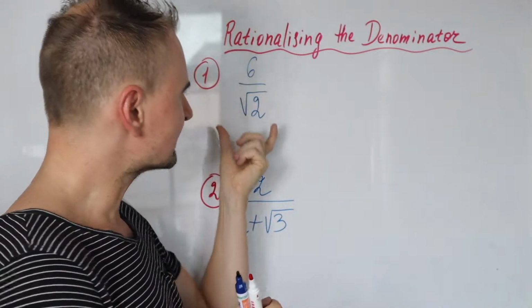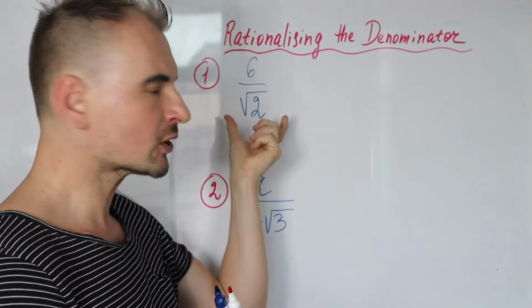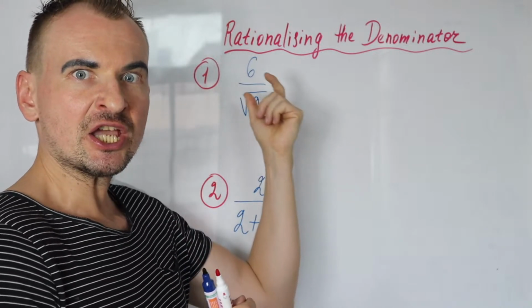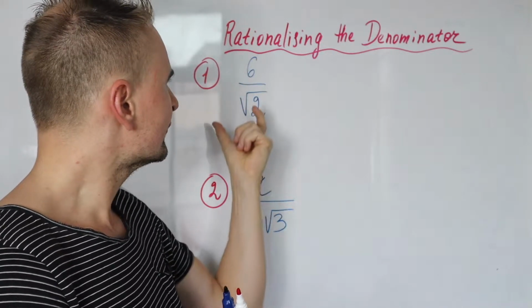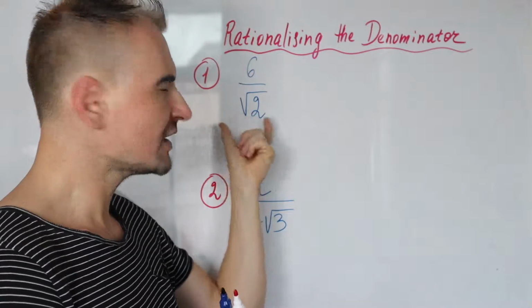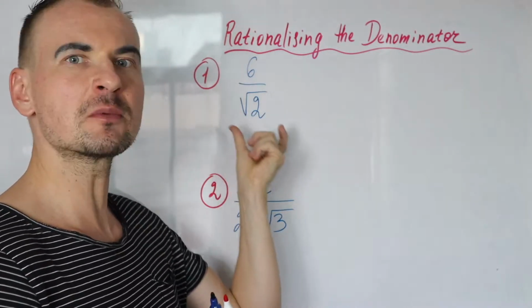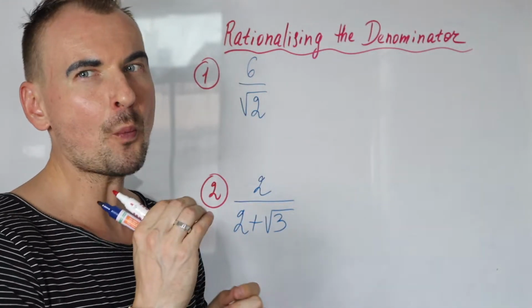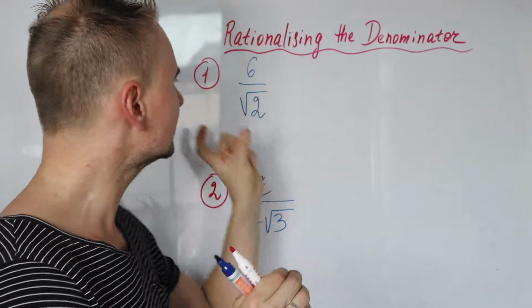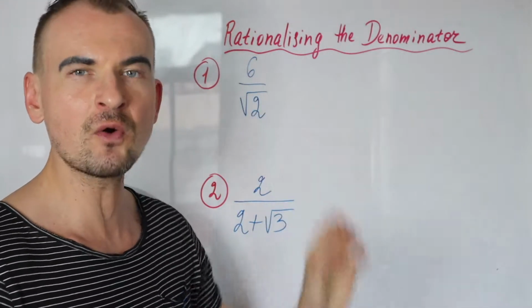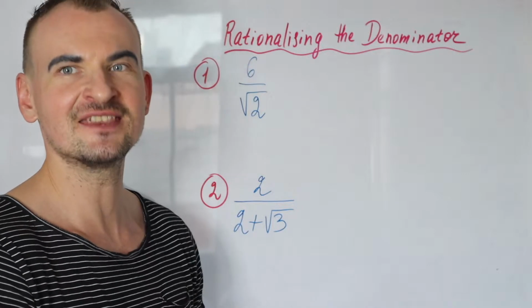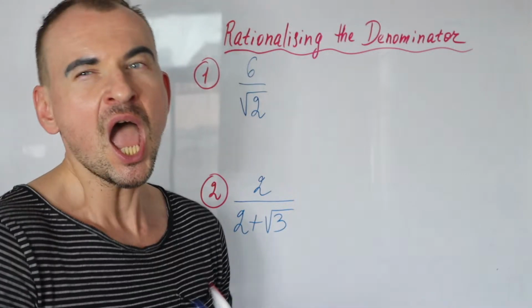So sometimes you are given a root, a radical, which stays in the denominator, in the bottom of your expression. So when you want to get rid of this, when you want to remove it, that's called rationalizing the denominator.